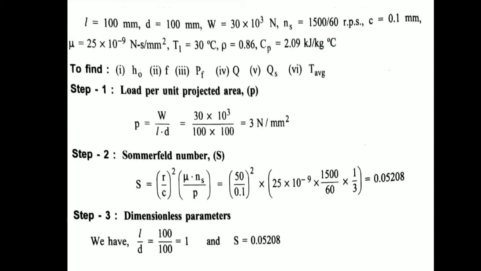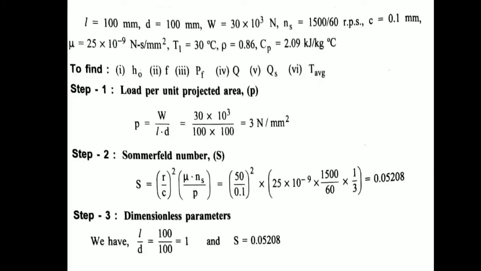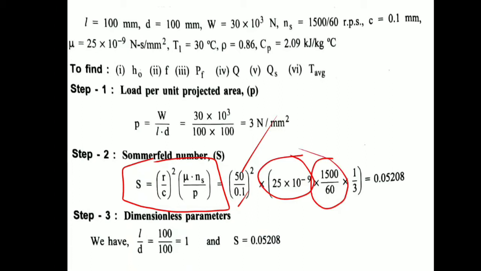Now I can start here with the Sommerfeld number, because this data is available. The equation is S equals (R by C) squared into mu n s by P. Radius is given, as they have given diameter, it means divided by 2 for radius. Clearance is given, mu viscosity is given, rpm we need to write in rps, and P will be the projected area.